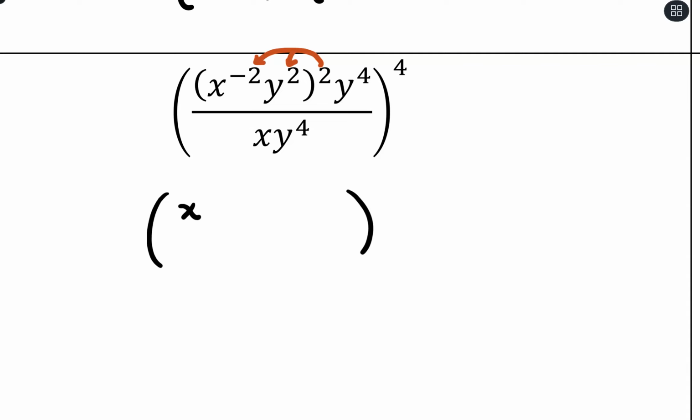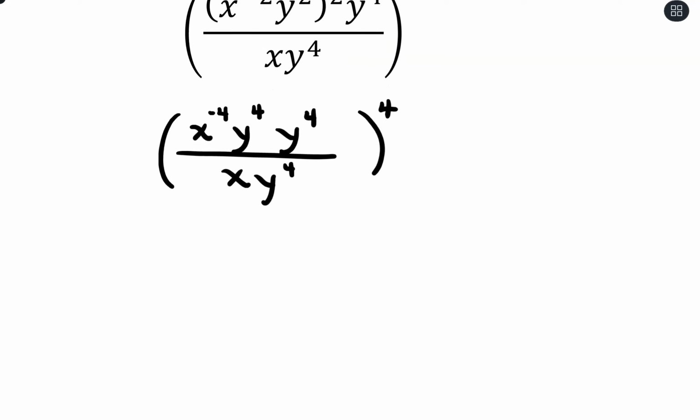So we're going to multiply. Negative 2 times 2 is a negative 4. And we have y squared, so we have 2 to the power of 2. We multiply 2 times 2 for a positive 4. And then we still have this y to the 4th hanging out outside. All right, and then x y to the 4th, and then this big exponent of 4 outside.